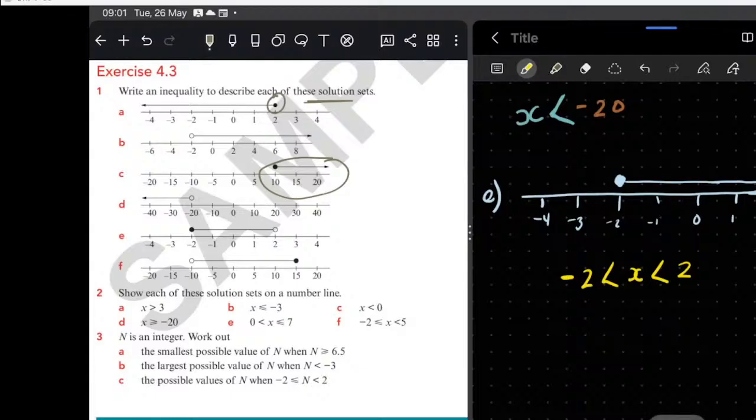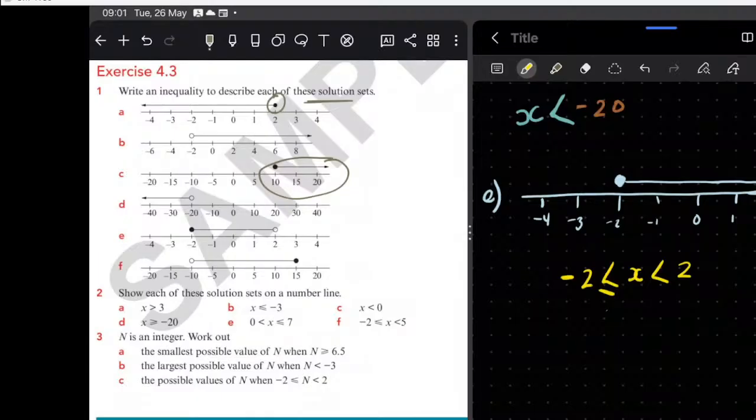Give me a second. Yes, we have a circle that is shaded. The circle that is shaded is the one at -2, so you put an or equal to at that circle. Okay? When we have a circle that is shaded, that means there is an or equal to.